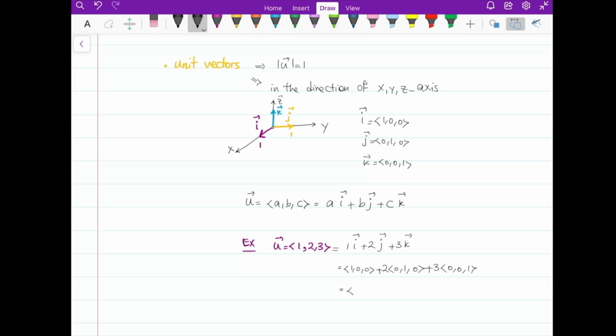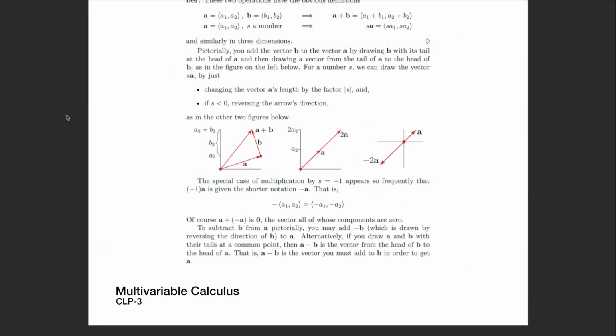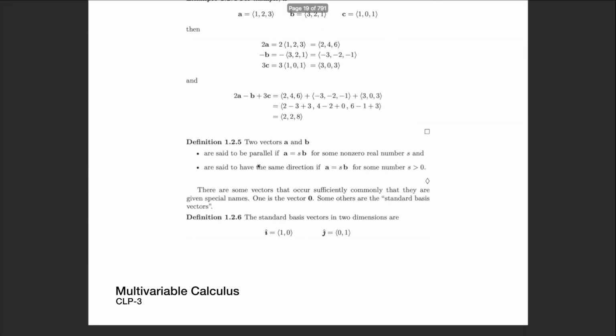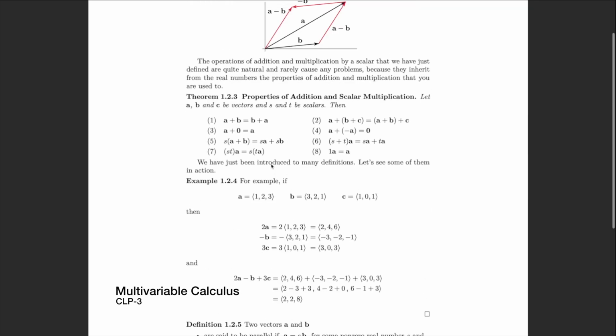So this vector in here would be 0, 2, 0. This vector in here would be 0, 0, 3. Now add them up component-wise. You get 1, 2, and 3.